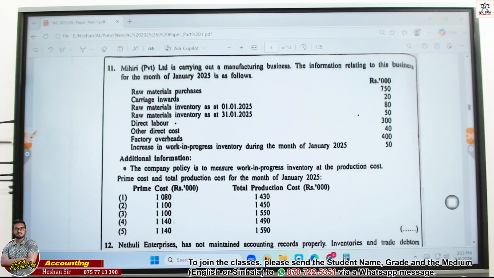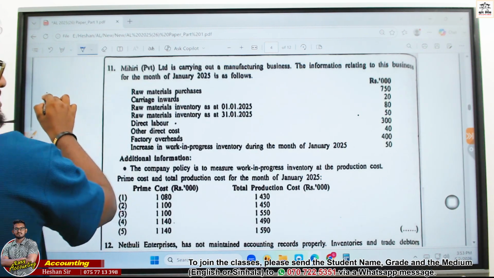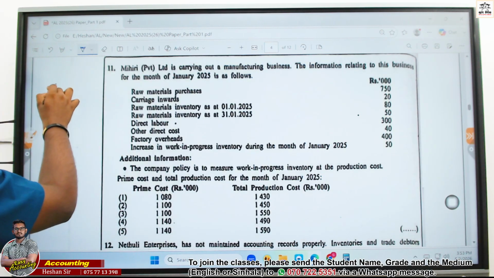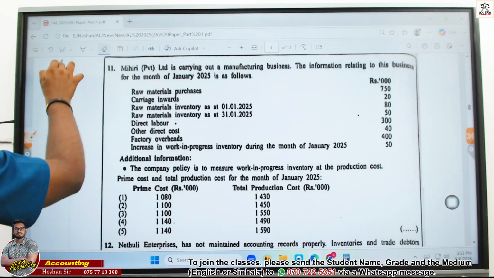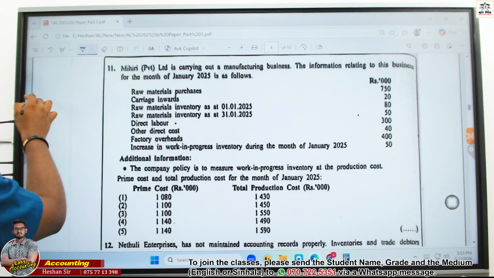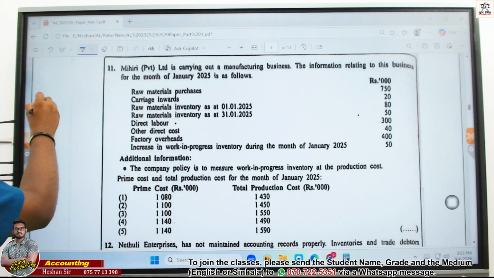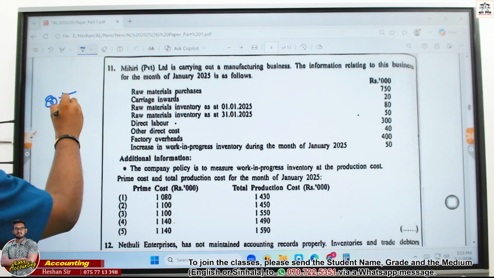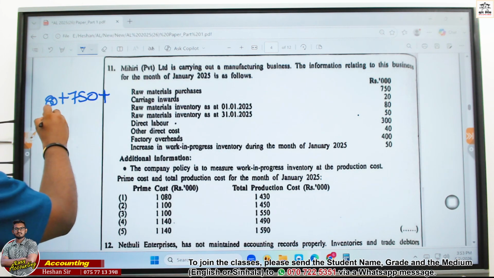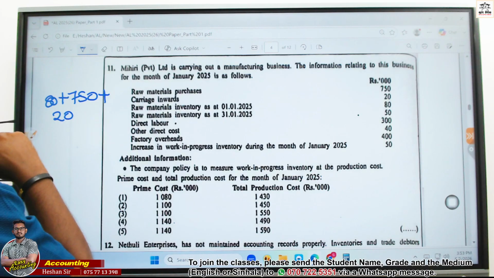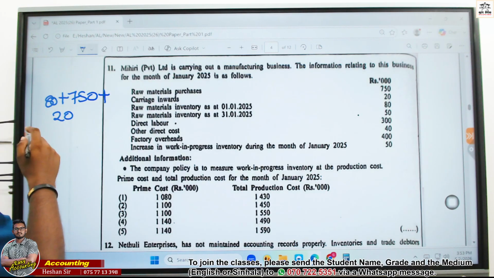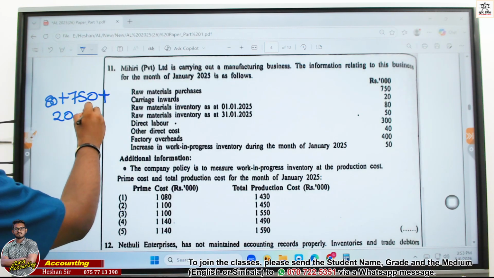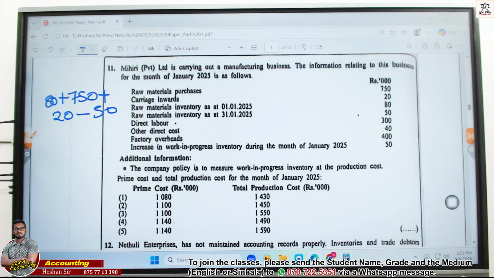Let's first of all see the direct material consumed. Opening raw material is 80, right? Purchases 750. Carriage inwards 20. Closing raw material is 50.